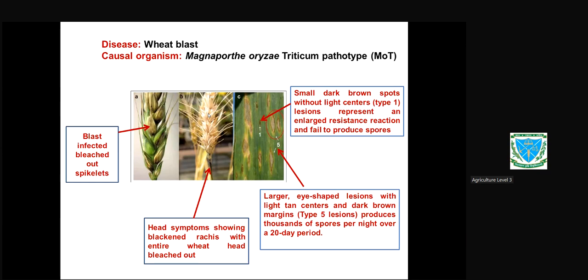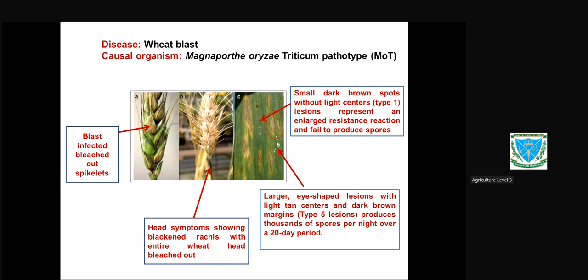So these three symptoms we can notice in the case of wheat blast. Initially, a small dark lesion or spot we can see. We call it type 1 lesion, and sometimes later this type 1 lesion turns into type 5. What is the character? It's an eye-shaped larger lesion with dark brown margin and tan center.